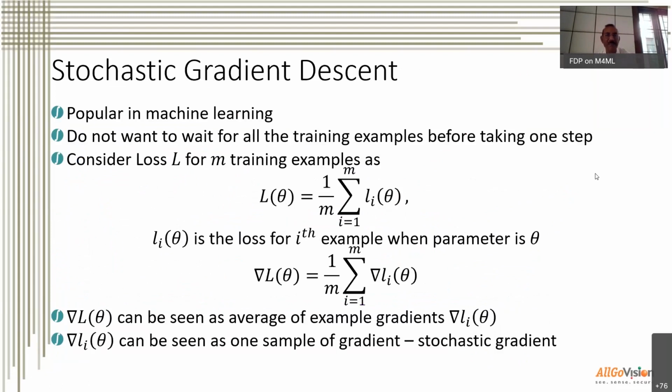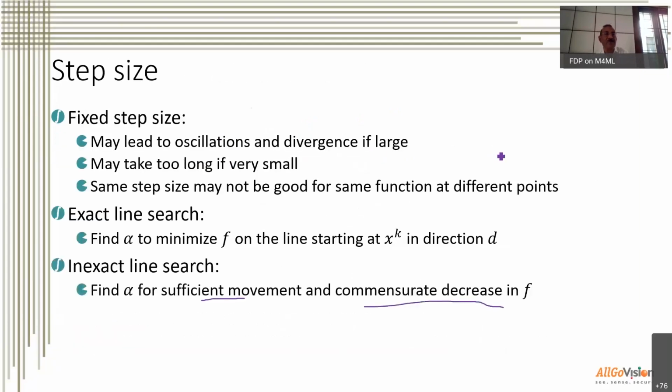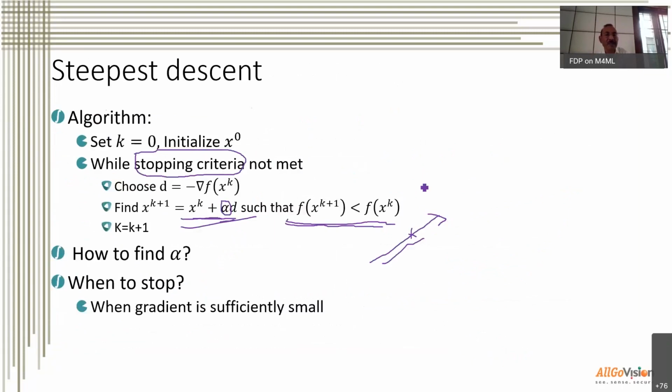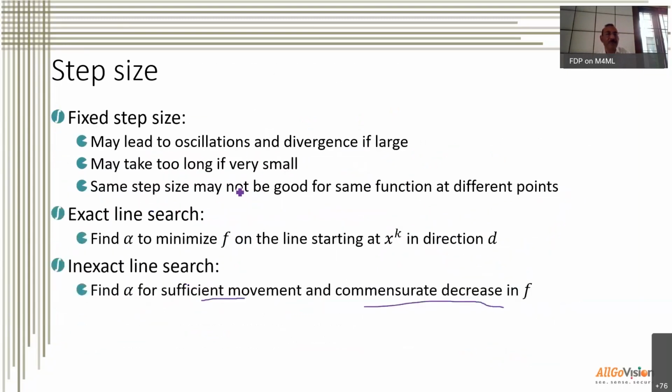Okay, and let's see what is the origin of this method, how it comes, and why we have this, right? This method is popular in machine learning, and we do not want to wait for all the training examples before taking one step. See, what is going to happen is if you use this method, then to calculate this del f, you have to go through each and every example, right?